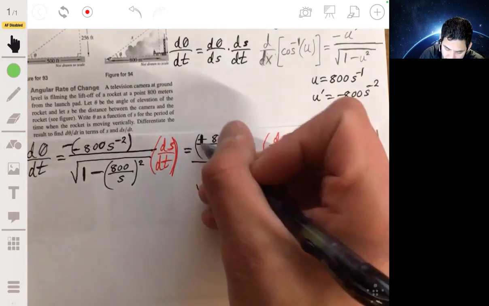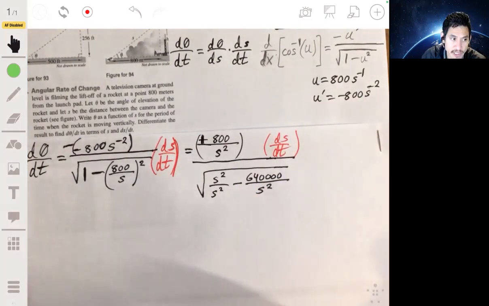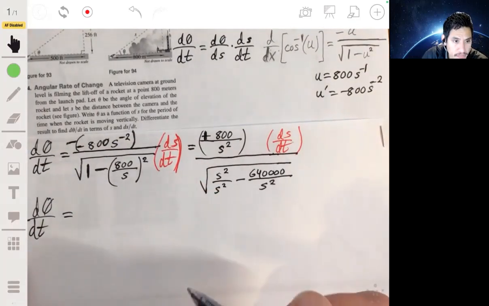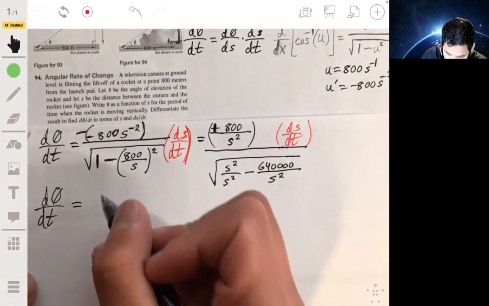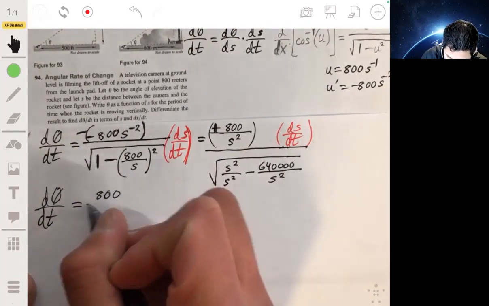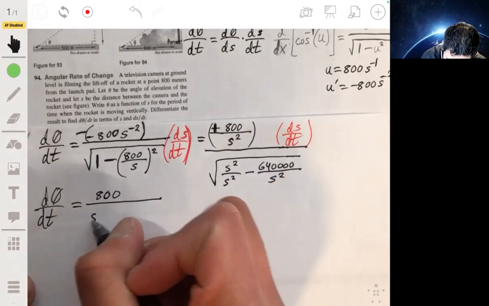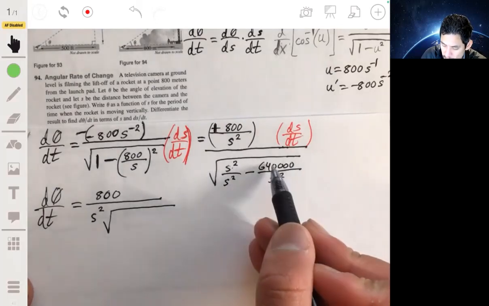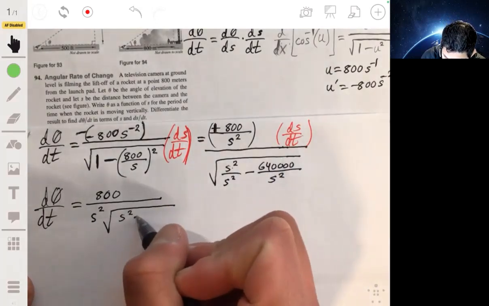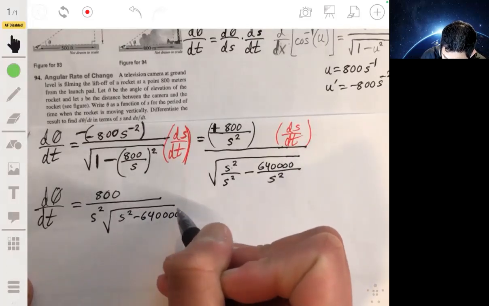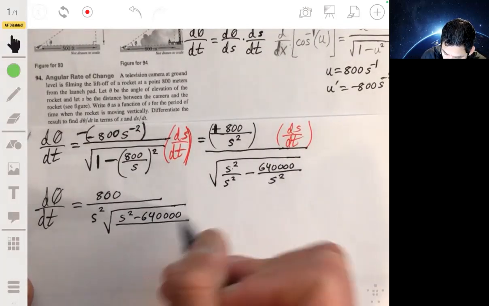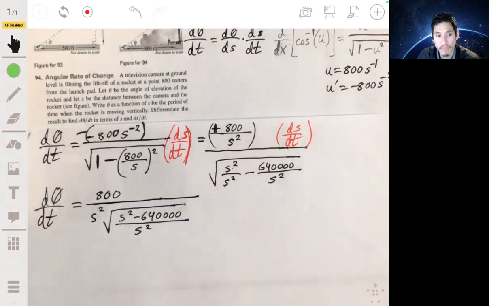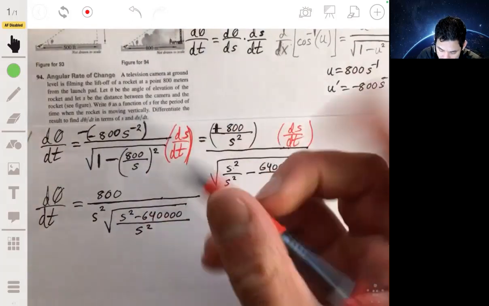So it'll be positive 800 over s squared. Let's put the s squared in the denominator. So we're going to have d theta dt equal to 800 over s squared times the square root of s squared minus 640,000 over this s squared here. And again, this whole thing times ds dt.